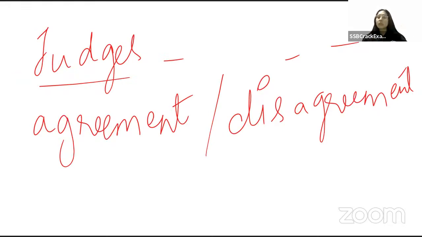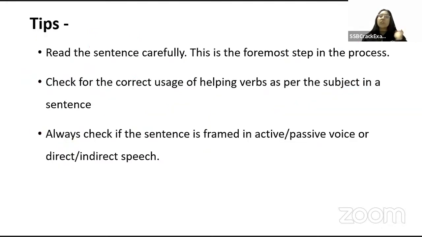Then you'll have to change the rule. Now it's not going to be singular, it will become plural. So you need to be well versed with all the rules and see what my subject is, whether my helping verb is right, and whether my verb is otherwise right. They should be in concord with each other. That's what you need to remember.